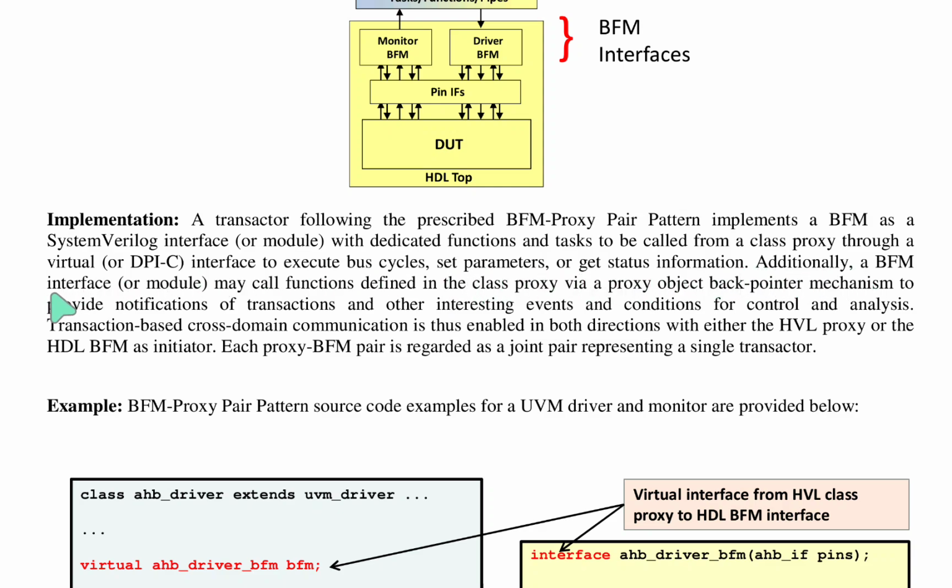Additionally, a BFM interface or module may call functions defined in the class proxy via proxy object backpointer mechanisms to provide notification of transactions and other interesting events and conditions for control and analysis.